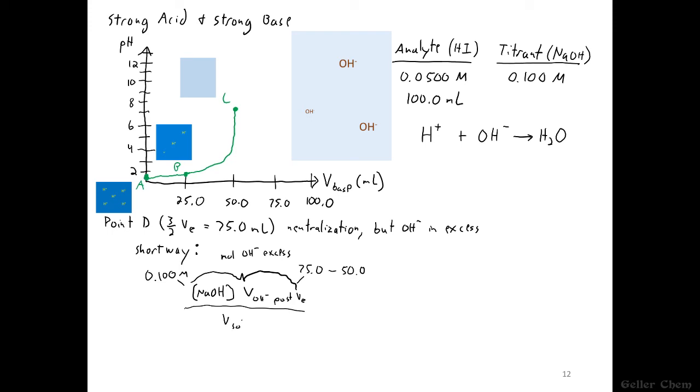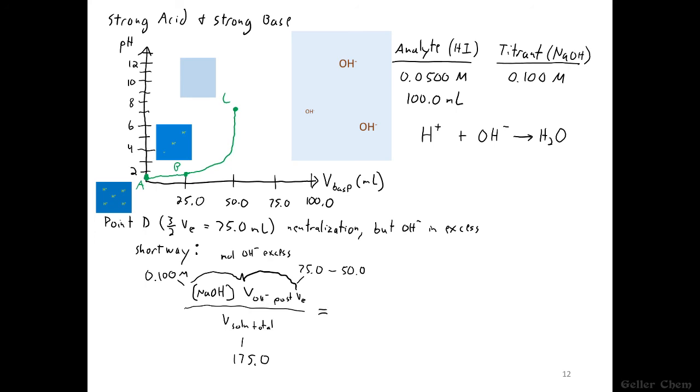We'll call this volume solution total, which is just 175.0, the original 100 mils of acid plus the 75 of base that we've added. And so by taking the moles of hydroxide that we just have left over in solution, as we saw in that visual earlier, and dividing by the new volume of that solution, we will get the hydroxide concentration of this solution, which we can then easily find the pOH and pH from. So let's quickly do it.